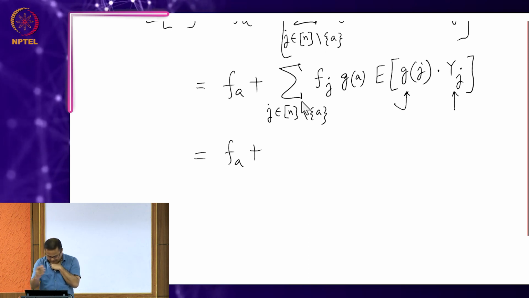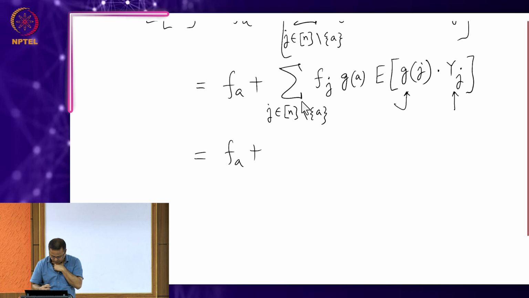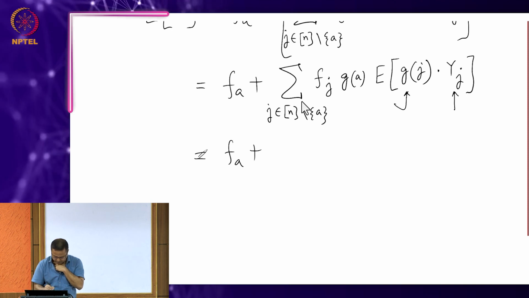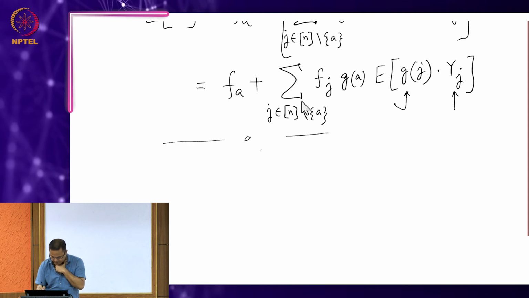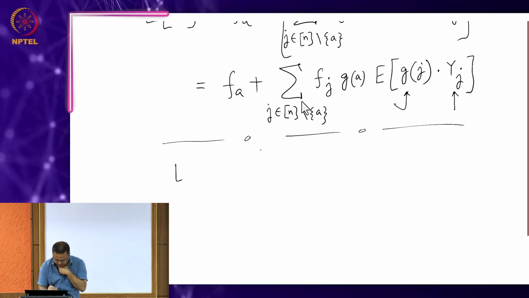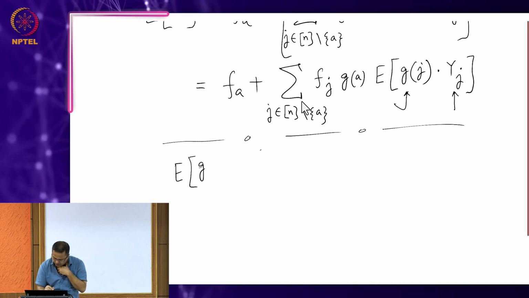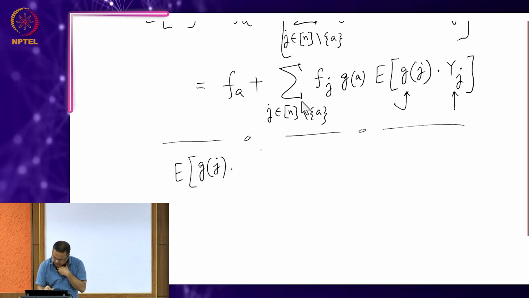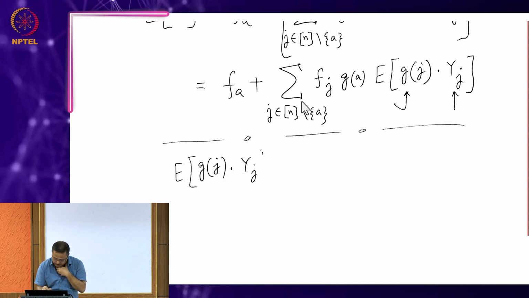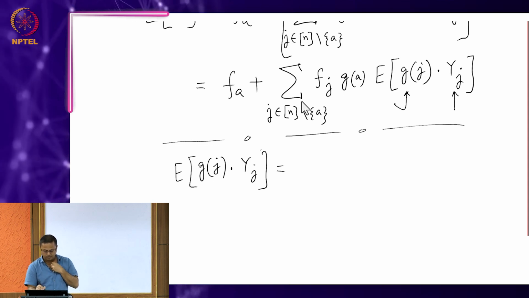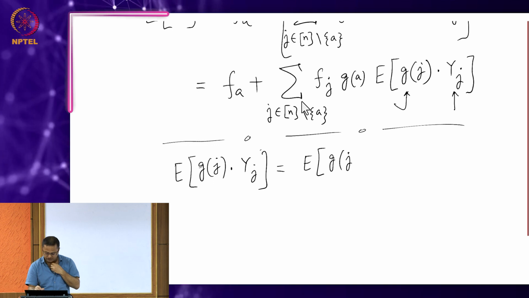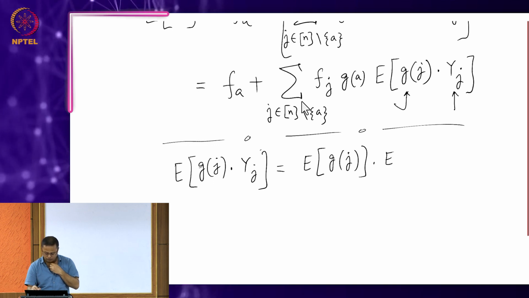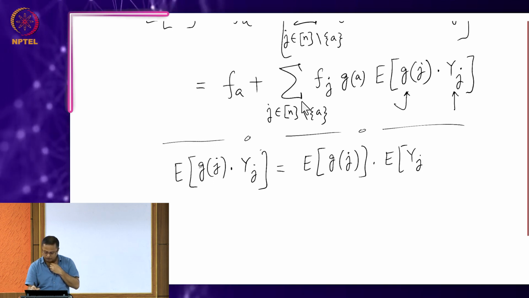Okay, let me not just write it in one go. Now, focus on this term, expectation of gj into yj. So, I can write this as expectation of gj into expectation of yj.